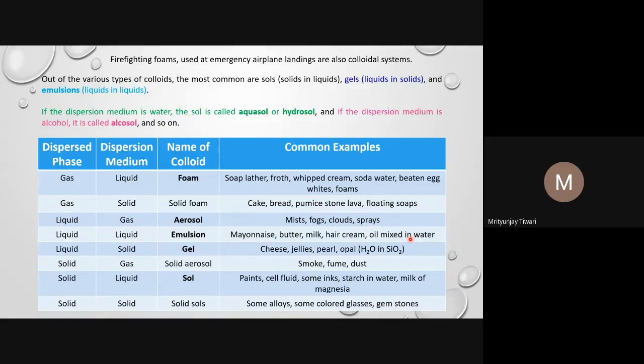After some time these particles come into the size of colloidal particles, and so it forms a colloid in the ocean. Now the oil cannot be separated from the ocean, because it forms a colloidal system. It will never settle down, and it spreads here and there, so it causes pollution in the oceans.